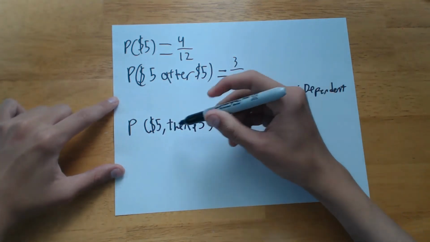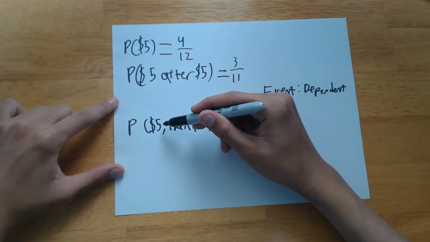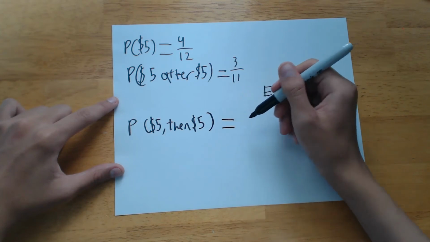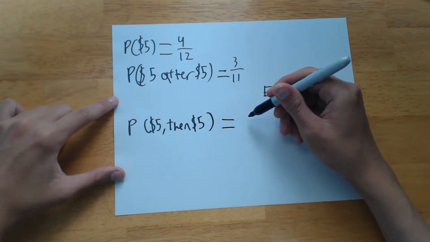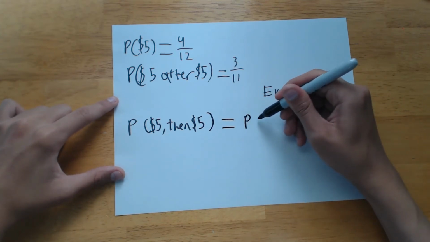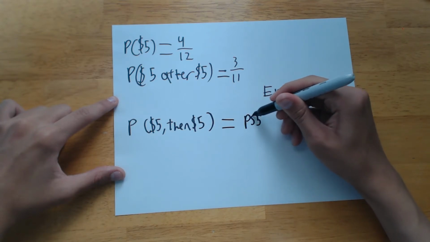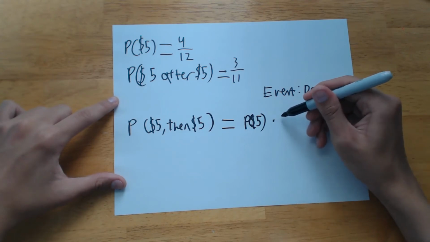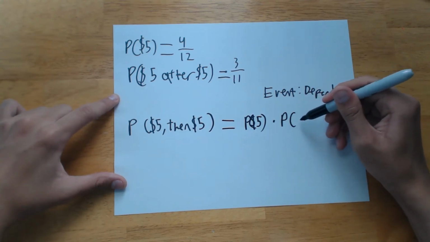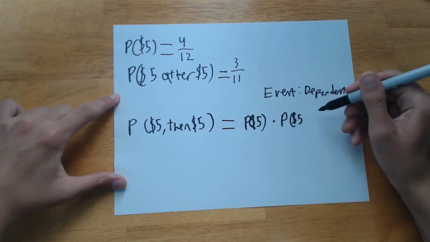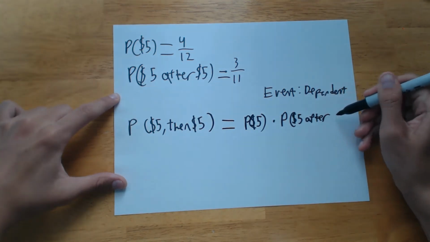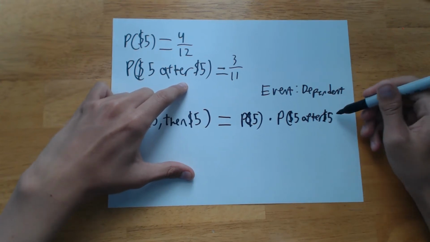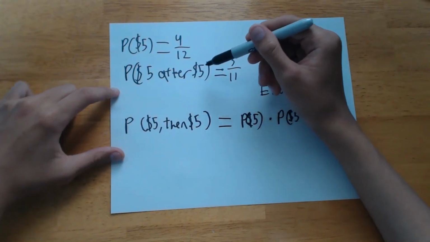So once you pulled out a $5 bill, what's the probability that you pull out another $5 bill? And we could also write it like P of $5, which is up here, and then times P of $5 after $5, and that's up here.